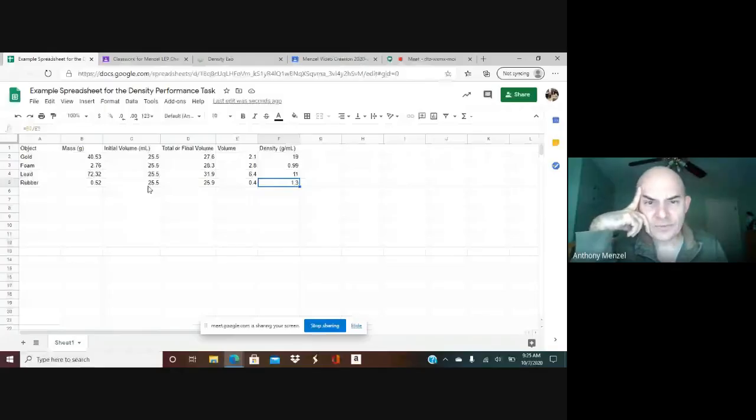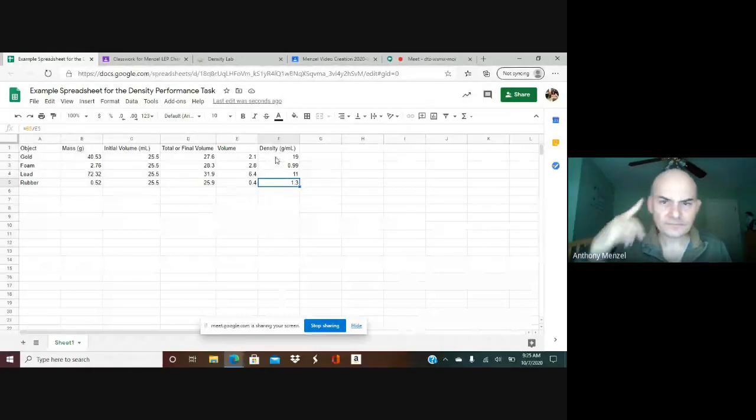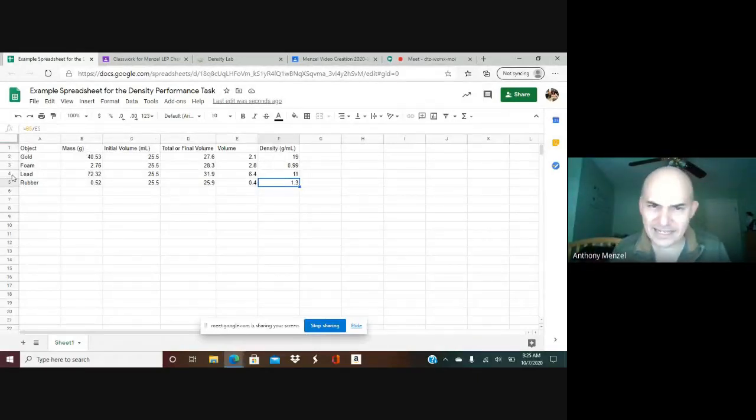So this is what you need to do in order to get a 2 out of 4 on the rubric. All you need to do, in summary, I wanted to go through the process, but now I'm going to summarize for you. All you really need to do is put in the header density with the units, and then you're just going to do the division.